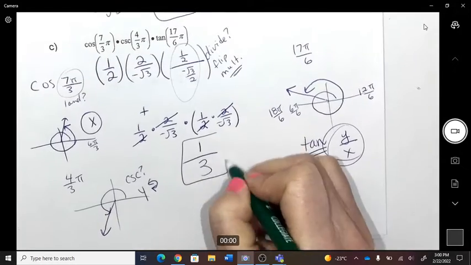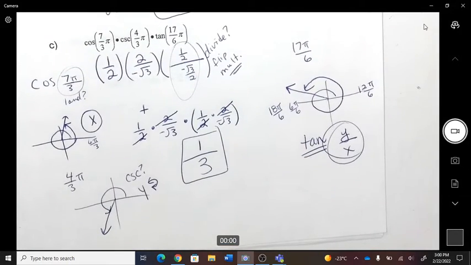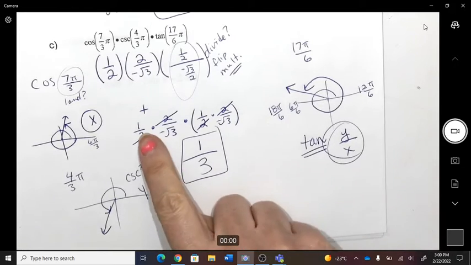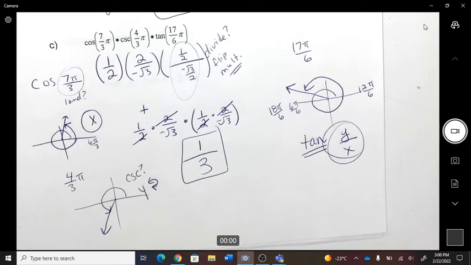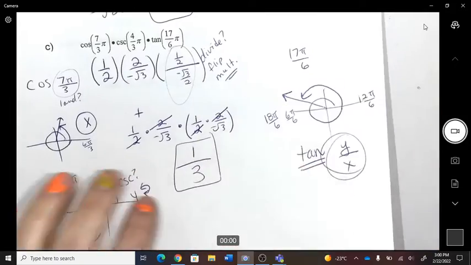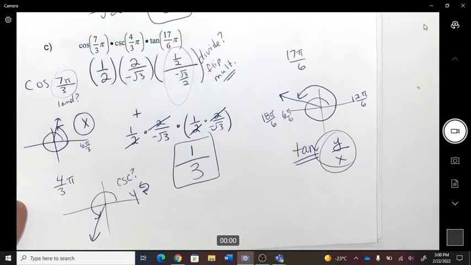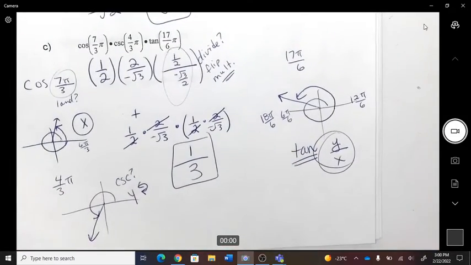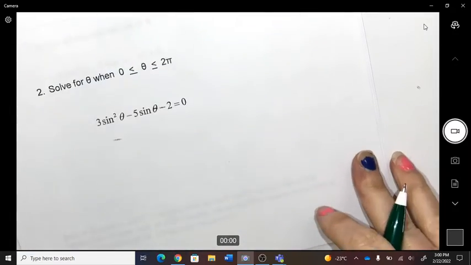Just 3. There's our final answer. Okay, and we said the 2 negatives will make a positive, right? That's what we said. Okay. So find a location, figure out the x, the y, the flip of something.